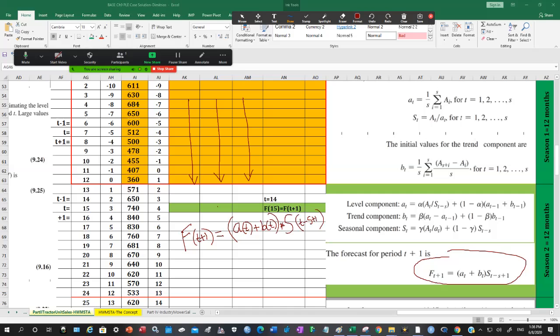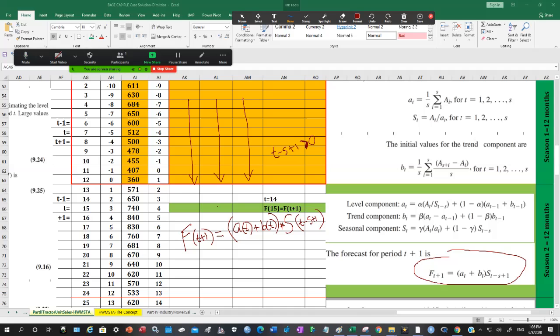But we want this t minus s plus 1 to be a positive number. This needs to be greater than or equal to 0. So it needs to be greater than 0.